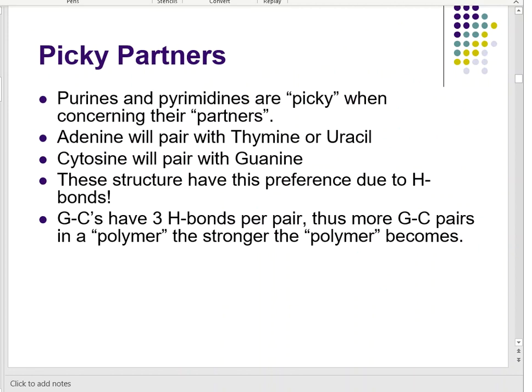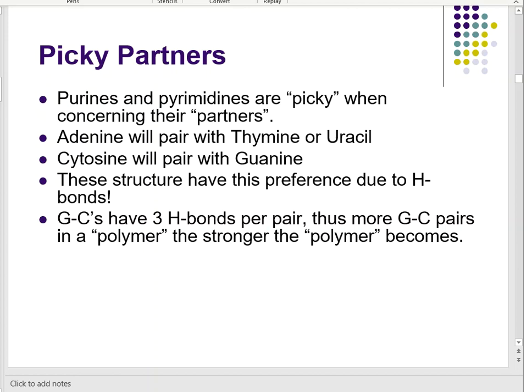So purines and pyrimidines are very picky. When they come in proximity to each other, they're going to have a personal preference on who they would like to hang out with. All right, how to pick their partners. They're very particular when this begins to happen.